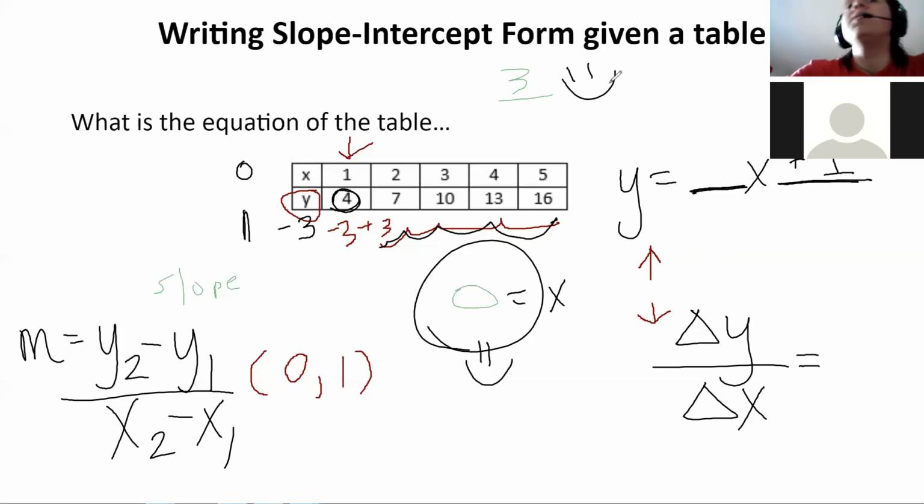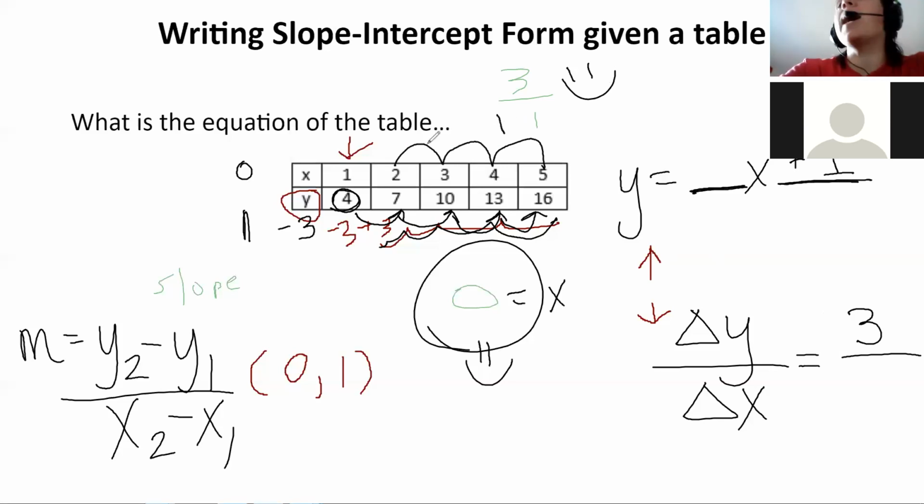Nice job. So we actually already figured out that the y's are changing by 3. Every time you're adding 3. So the change in y is 3, and all of the x's are changing by 1. You're adding 1. And remember, you always go left to right, because if you went right to left, you'd be subtracting, and that's a little more confusing.